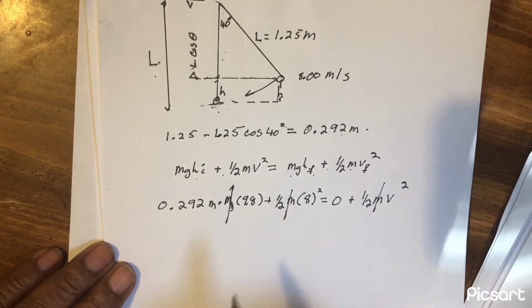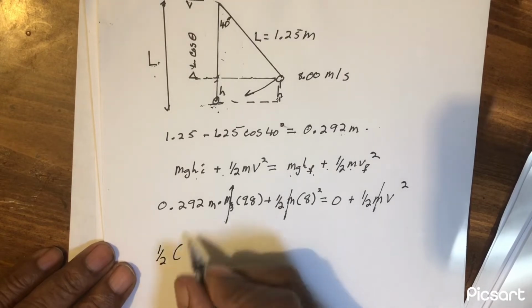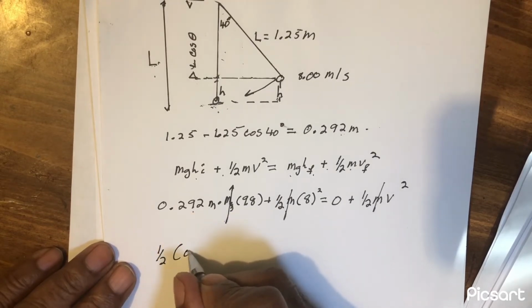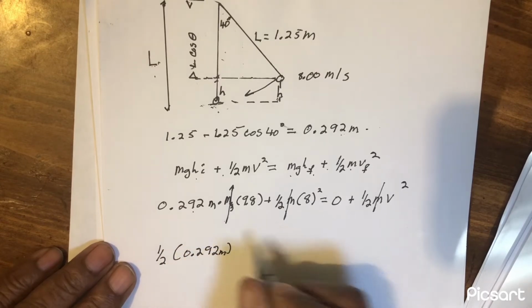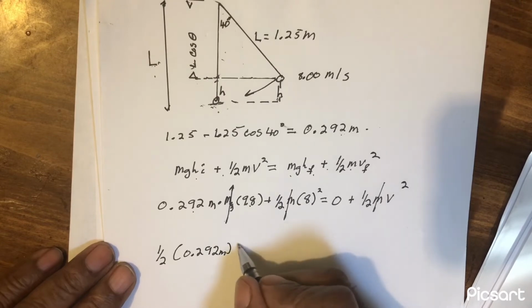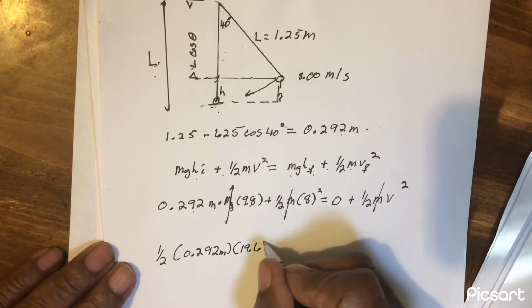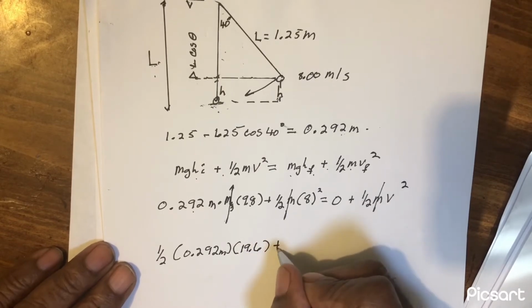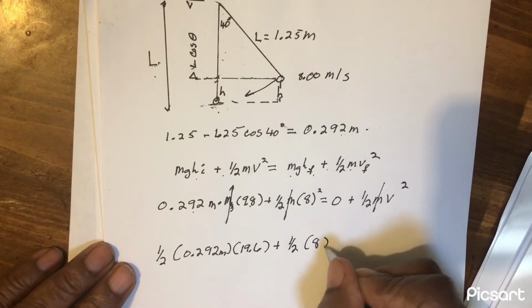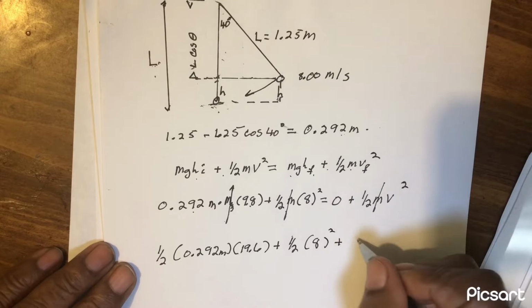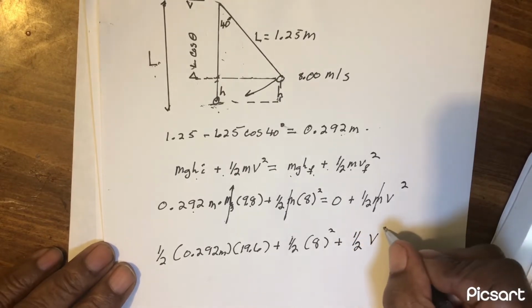Why don't we just go 1/2 times this and double this, which will be 19.6 h plus 1/2 h squared plus 1/2 v squared.